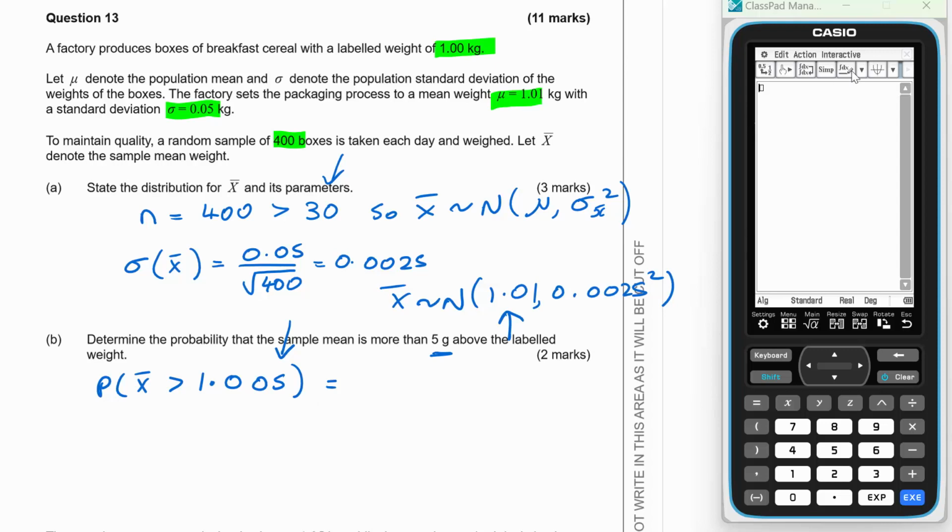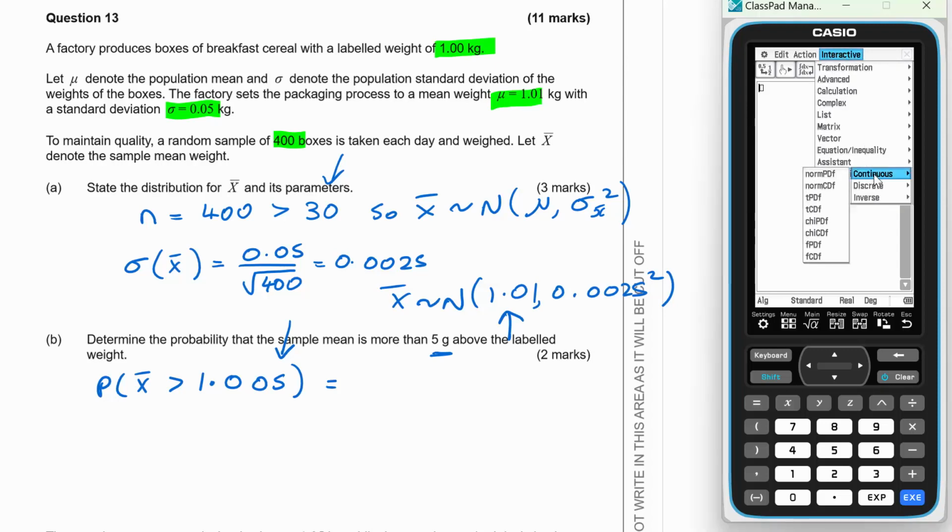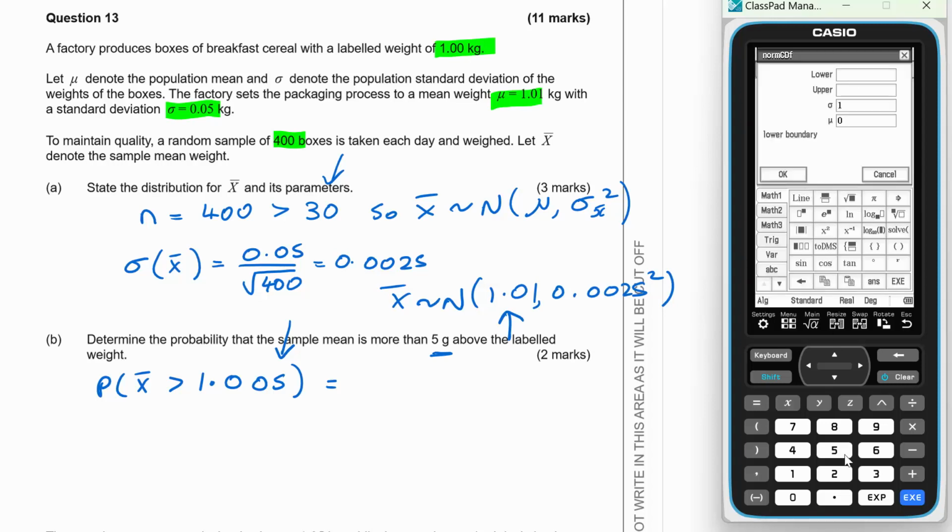So if we go interactive, and we want continuous normal CDF, our lower is going to be 1.005. The upper we can use infinity, or you could use a really large number, many standard deviations up, and that will work just as well. Sigma is 0.0025.